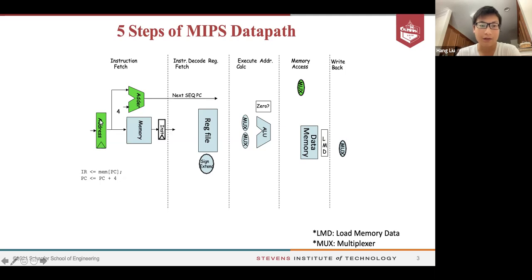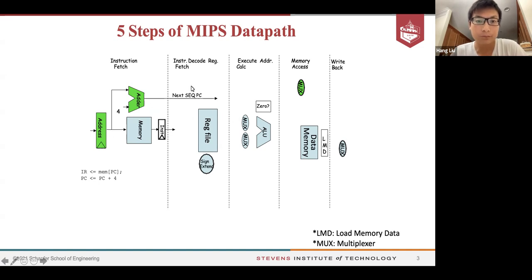Use the address to go to memory and fetch the instruction out. And also you add to the PC by 4 bytes, that's 32 bits. So the next instruction is PC plus 4, the program counter, which means it's the potential next instruction. But it's not always, because you can have jump instructions or branch instructions, which we can talk about later.